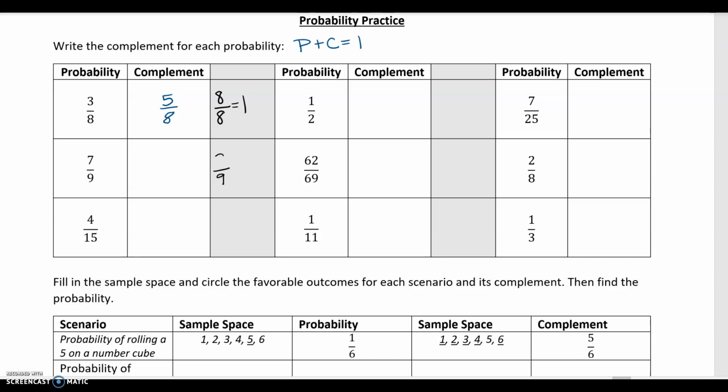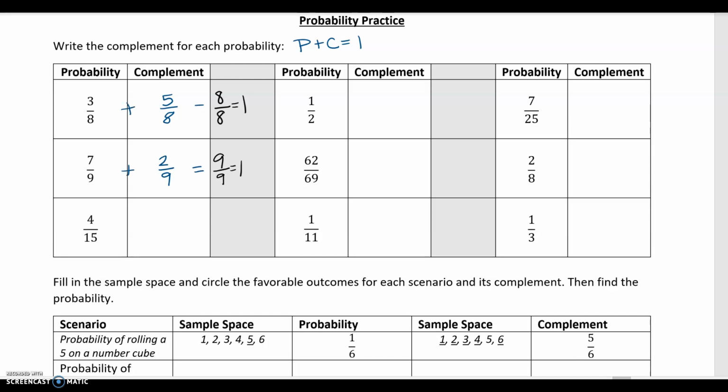Well, 9 of them, right? That makes 1. It makes it complete. Okay, so if the probability is 7 out of 9, so think about like I gave away 7, how many are left? Well, if my total is 9, then 7 plus 2 equals 9.